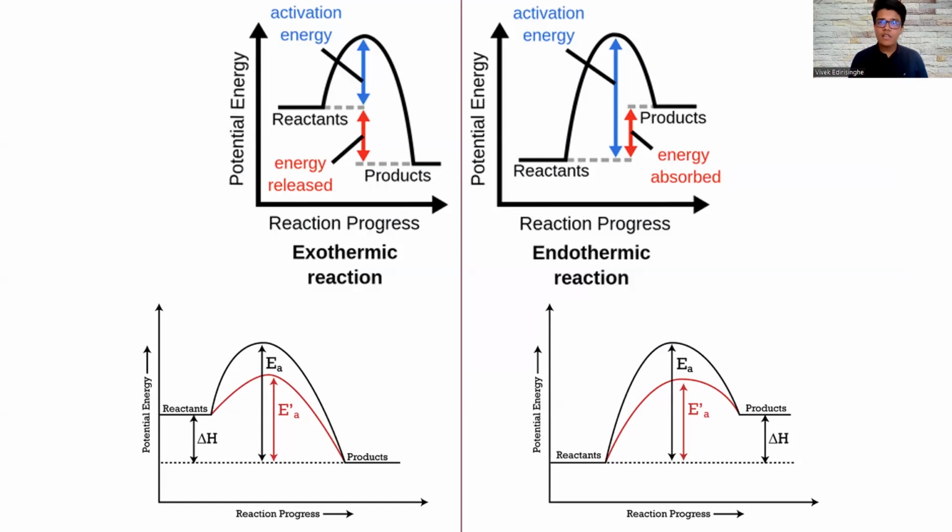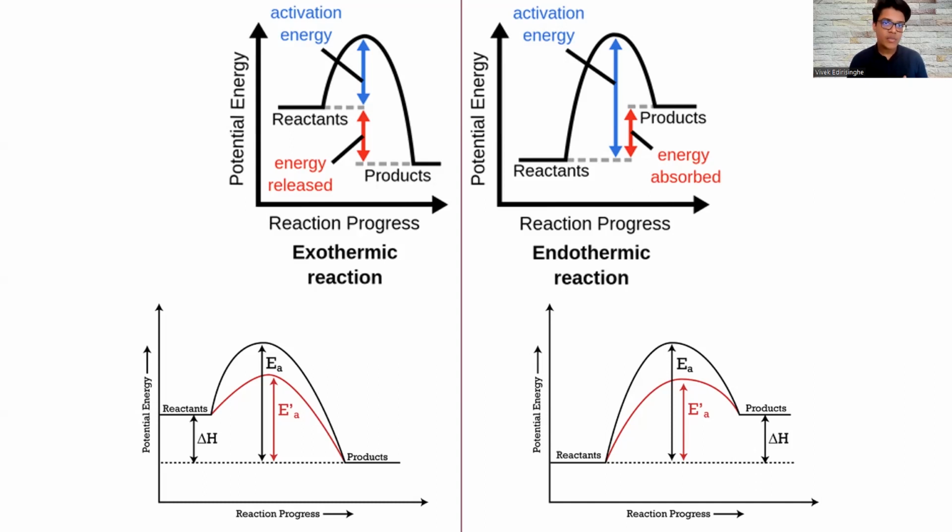Hope you are familiar with these two terms, but if you're not, don't worry much about it because all you have to understand is the activation energy and the role played by a catalyst. Activation energy, as indicated in the diagrams by the blue arrows, is the minimum energy requirement for a chemical reaction to take place successfully. For endothermic reactions, the activation energy is quite high when compared to exothermic reactions.